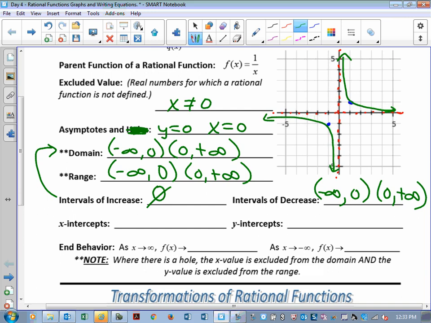Where does our parent function touch the x-axis? Never. Where does our parent function touch the y-axis? Never. Only if there is an interval when it increases or decreases. Right? It never increases, so there's no max and no min.